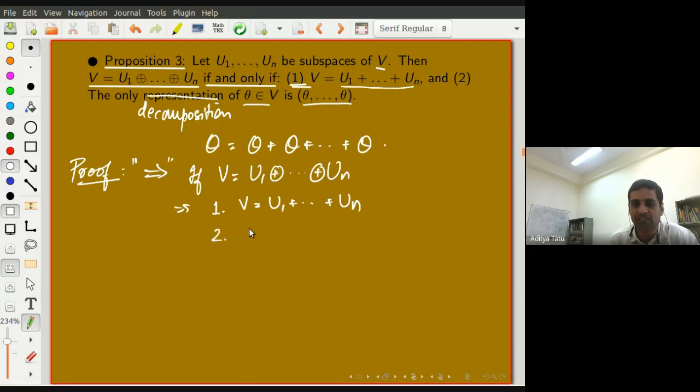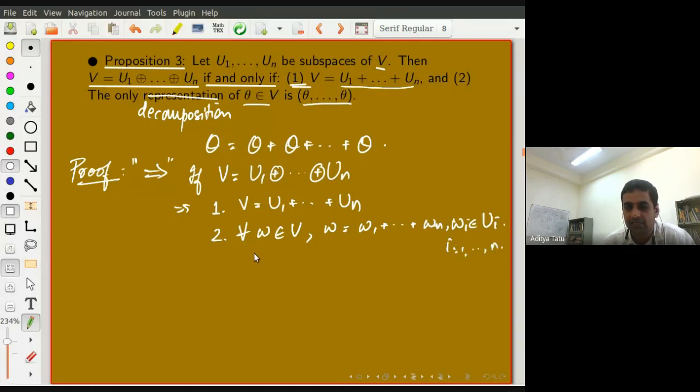And what does the second part of the definition of direct sum say? It says that for every W in V, I can write W as a sum of these n vectors, where each of the vectors comes from the corresponding subspace, and this is a unique decomposition.